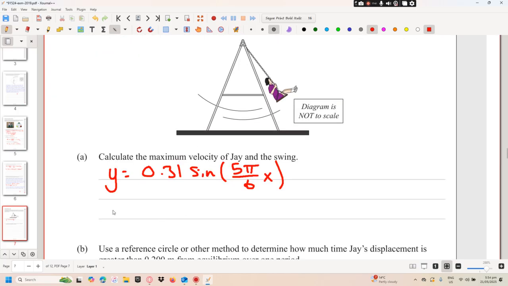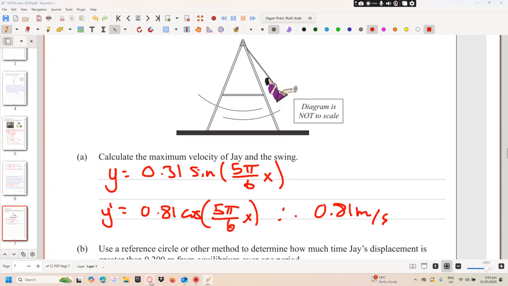That's fine. So the derivative of that is 0.31 times 5 pi on 6, which is about 0.81 cosine 5 pi on 6 x. Therefore, about 0.81 meters per second.